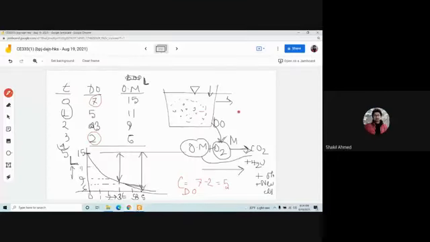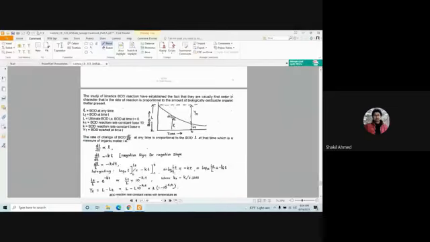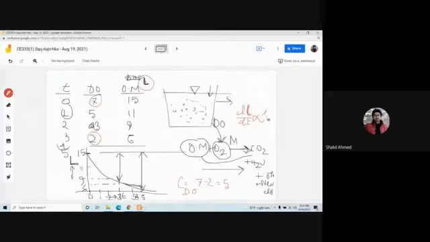Now, if we take this dL by dt, that means consumption of organic matter with time is proportional to the organic matter present at that time.